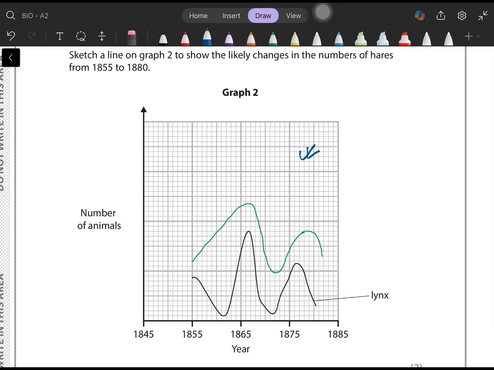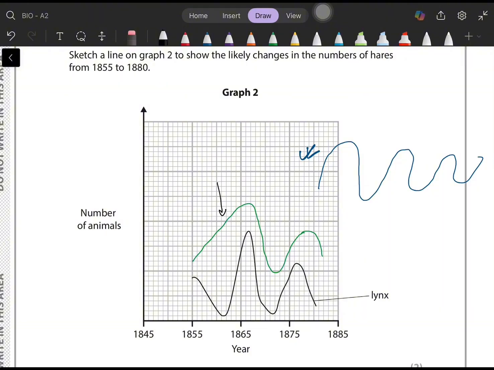And you have to know that the number of predators and the number of prey oscillates between two extreme points. What do I mean by this? As the number of lynx decreases, the number of hares is going to increase. Why? Because the lynx eats these hares.